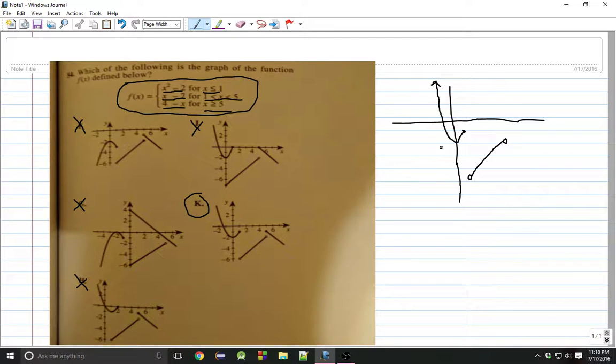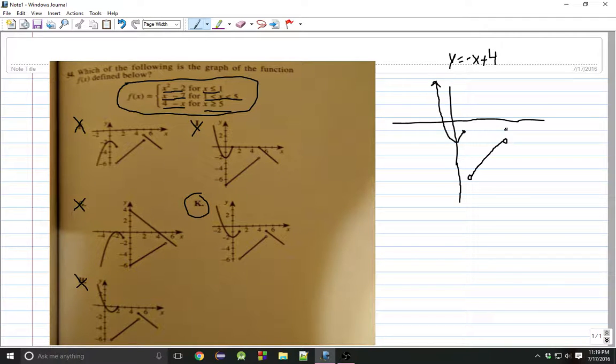But now what we're going to do is graph 4 minus x. And how do we do that? Well, 4 minus x is the same thing as y equals negative x plus 4. We know it's going downward.